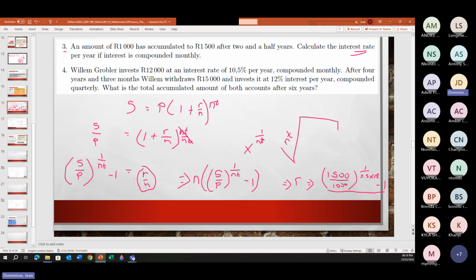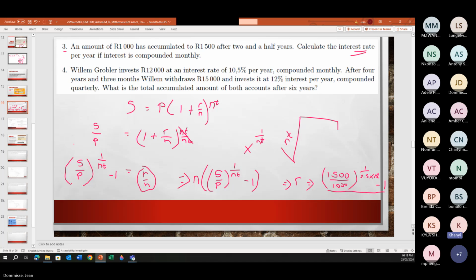They might give one option as monthly and one option as yearly, but they say they want a yearly interest rate. So that is the only reason I'm worried if you don't use the n.